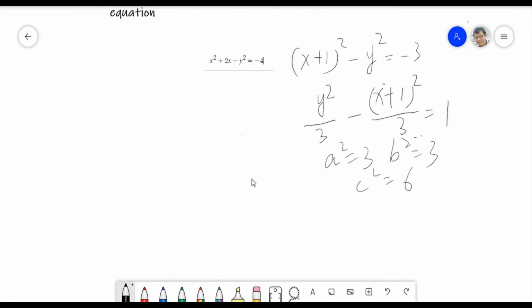Please remember, we copy the center, and the center will not change.